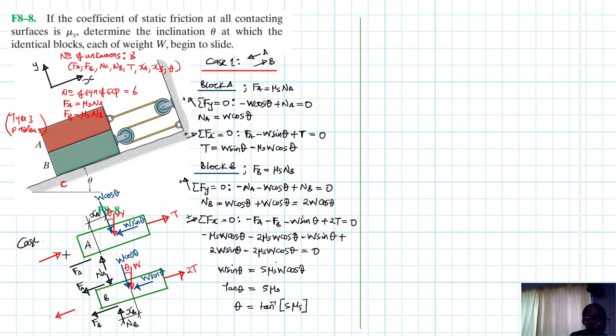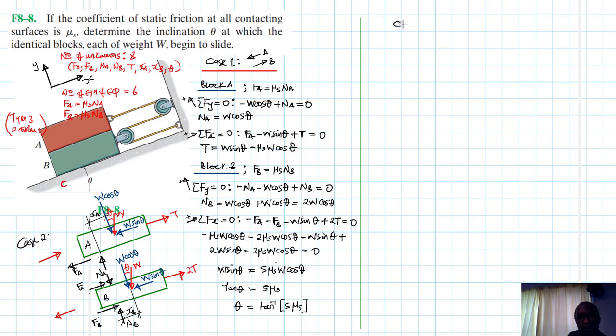It instead goes like so. Alright, and then this arrow also changes here. It becomes like that. Okay, and also this arrow changes here. It becomes like that. That's case number 2.